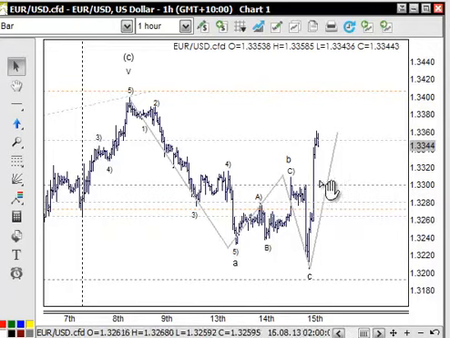And this move up through here, I'll get to that in a second, actually. But the other flip side of it, especially if that low in the US dollar gets taken out, then this would be an A wave down to here, a B wave to here, and a C wave to here.